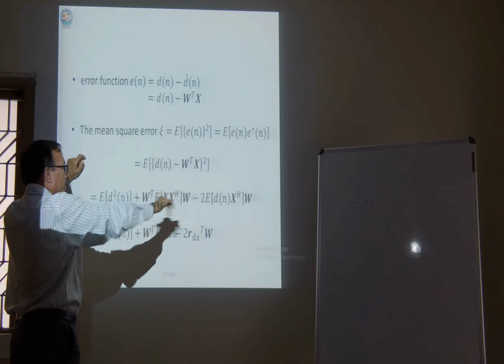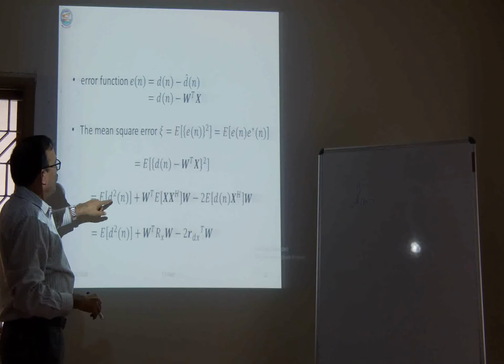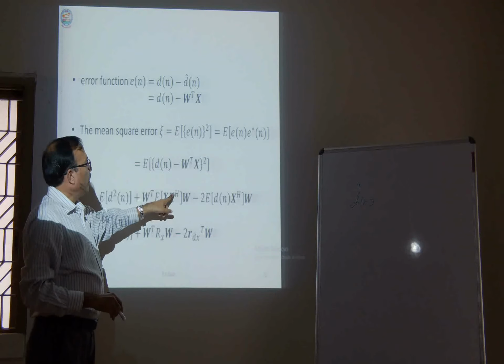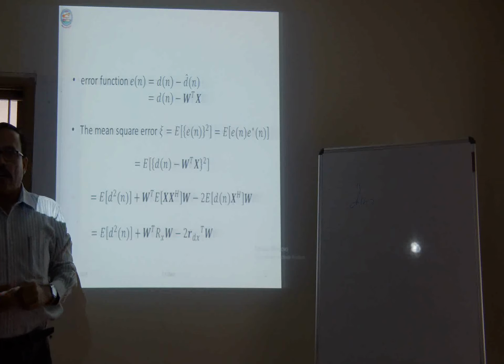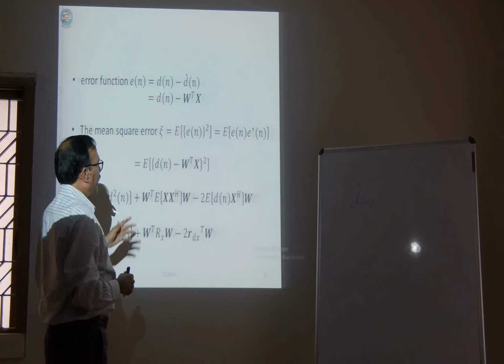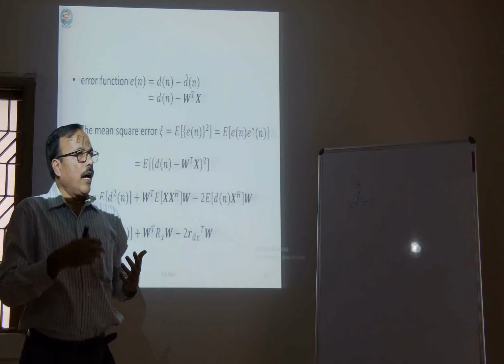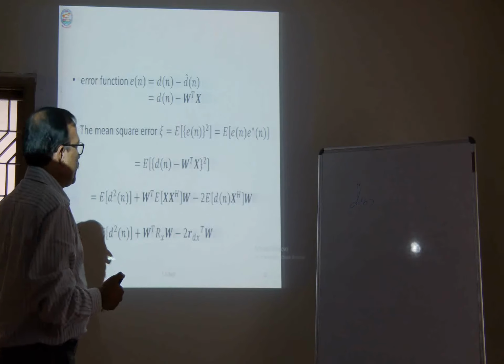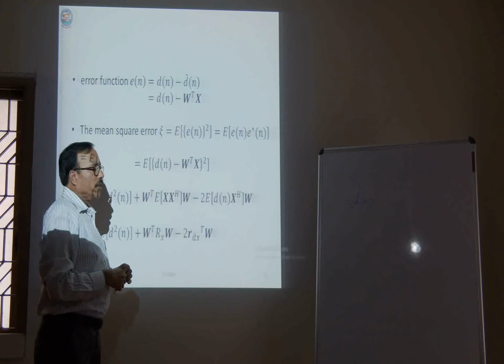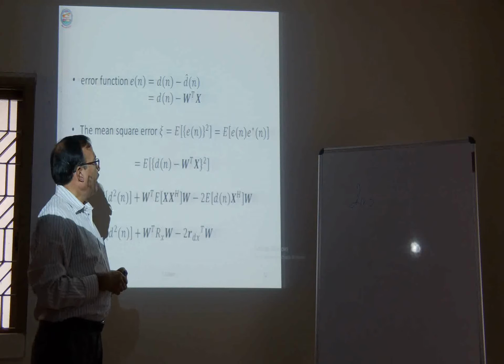And we expanded it, so it is like this: E of d square n plus Wt E of X into X Hermitian transpose. So why is it Hermitian transpose? Because when we take the expectation, it is nothing but X, the vector and the complex conjugate. So that XH is nothing but X complex conjugate and then transpose.